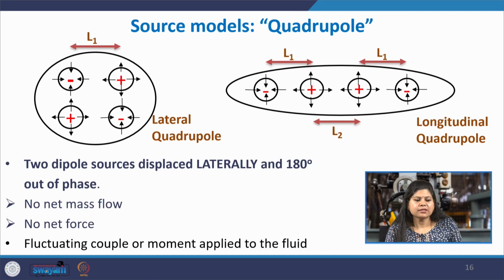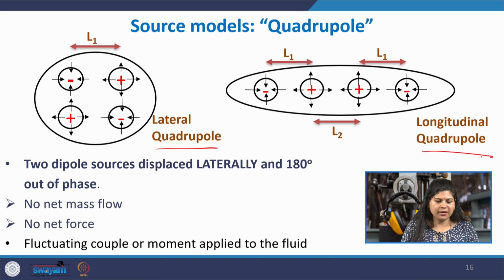Now, the last type of source which we will see would be a quadrupole. As the name suggests, it is composed of 4 monopoles. There are 2 types of quadrupoles we can create: one is the lateral and the other is the longitudinal. In the lateral, imagine one acoustic dipole here and another acoustic dipole here, and they are antiphase with each other.